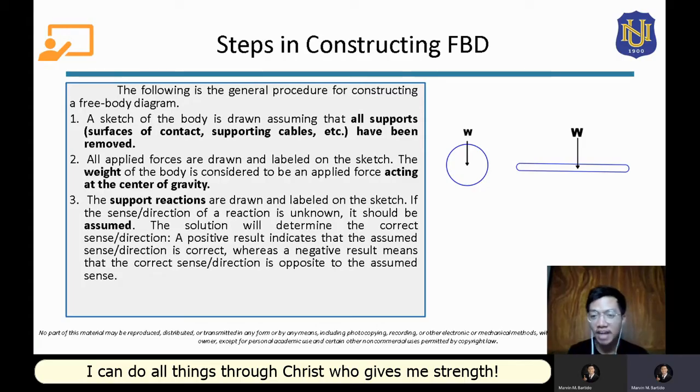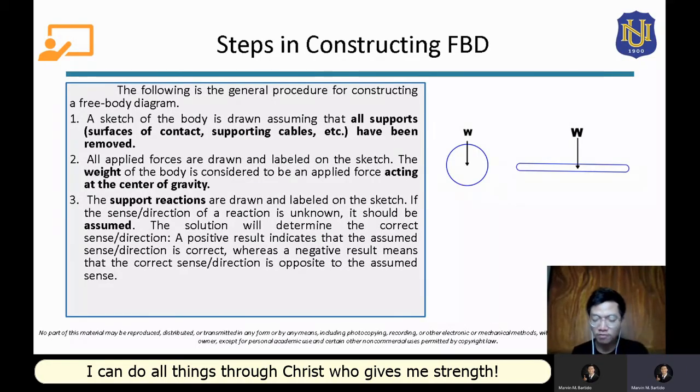The direction of application of the reaction forces is actually assumed. Our assumption can be correct, depending on our analysis of the structure. Also, we can determine whether our assumption is right or wrong depending on the solution.